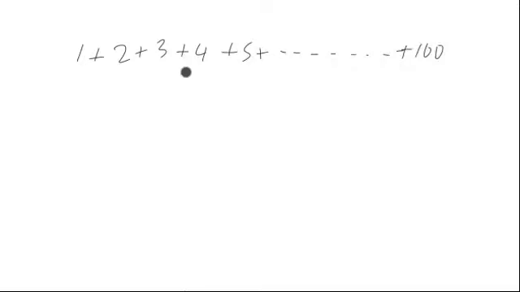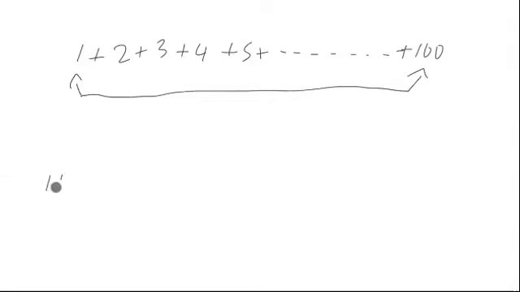The average of all of these numbers is actually exactly equal to the average of the first and the last. Let's look at a small example just to be certain of this. What if we were to do 1 plus 2 plus 3 plus 4 plus 5? Now, take 1 and 5.